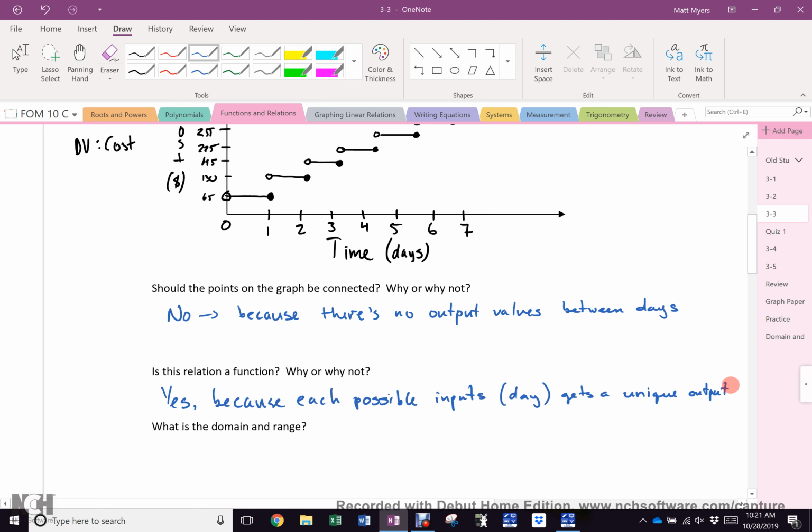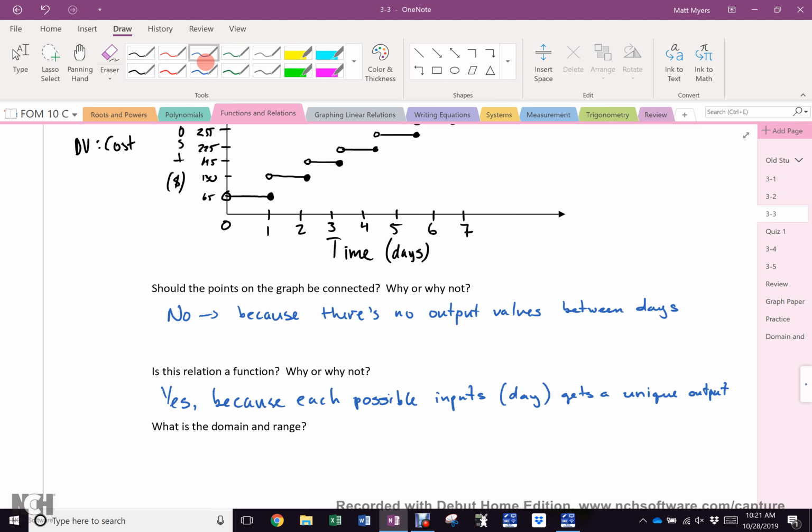No matter what day, no matter the amount of time I say, I'm always going to pay a different amount, yes? If we all go into this place and rent cars, we are all going to know what we're going to pay because it's unique. If I rent it for 3 days, I'm paying $195. Everybody good? Now, the last one is a little bit tricky.